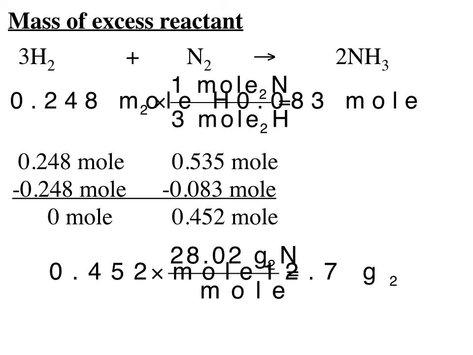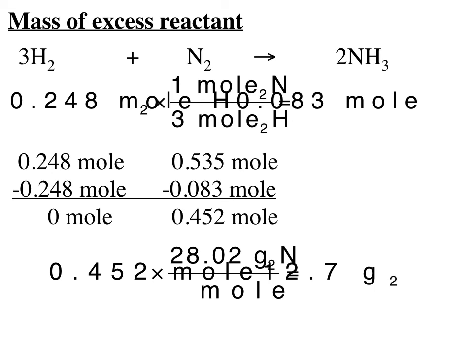And what I know is I began when I put 15 grams of the N2 in the pot, that I had begun with 0.535 moles of N2 in the pot. So I take my starting number of moles of N2, subtract the number of moles that the limiting reagent can consume, and I will have 0.452 moles of the N2 remaining after all the H2 is consumed.